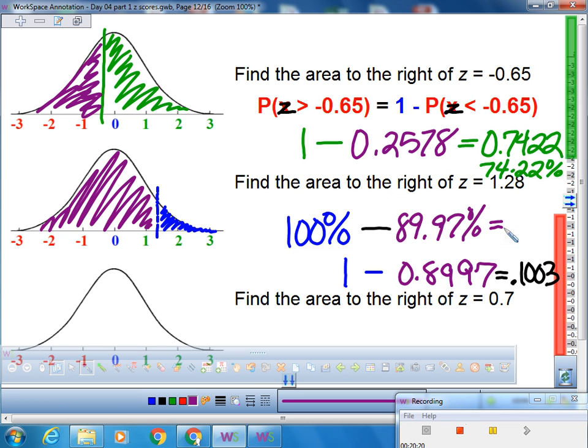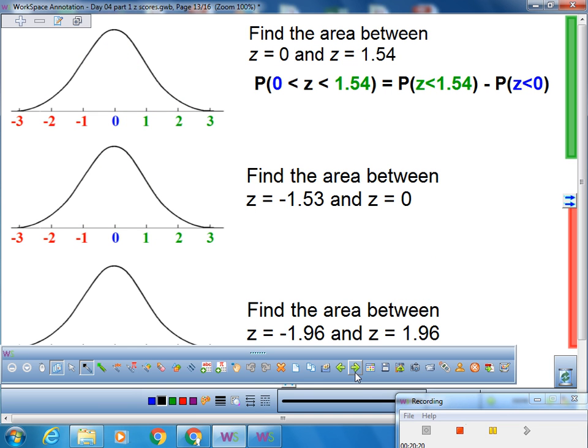I'm just trying to show it a little differently, because some people are confused by this. So 100% of my curve minus 89.97% of my curve is equal to 10.03%. Does that make sense? This tail is only 10%, and the rest is about 90%.